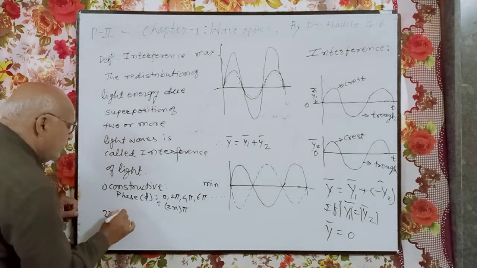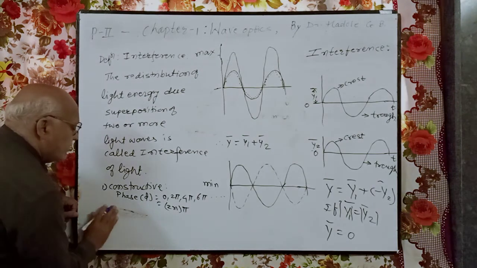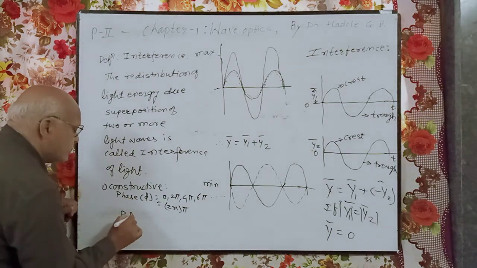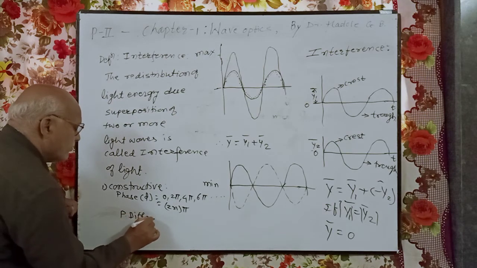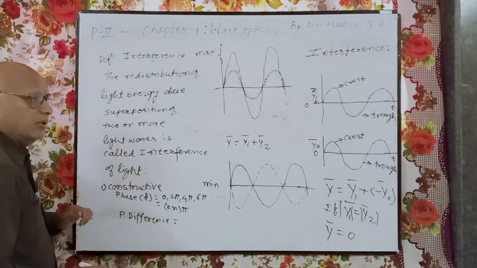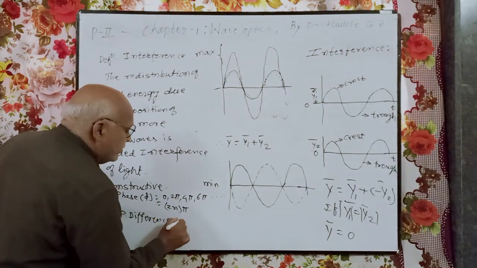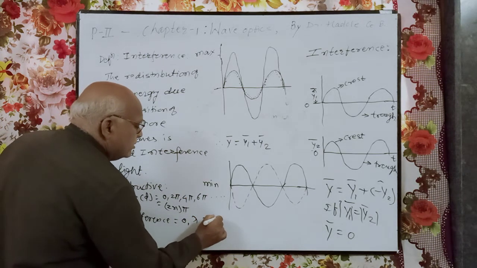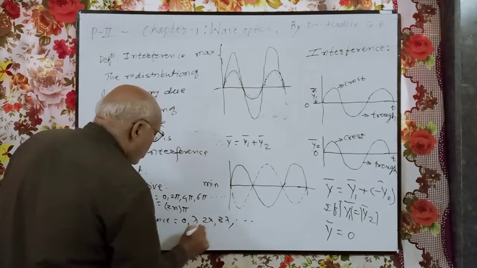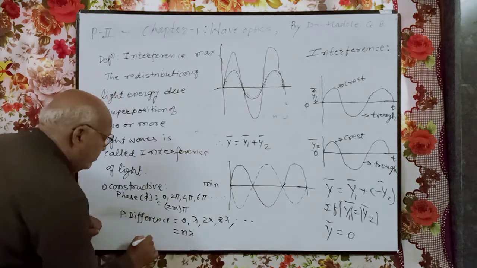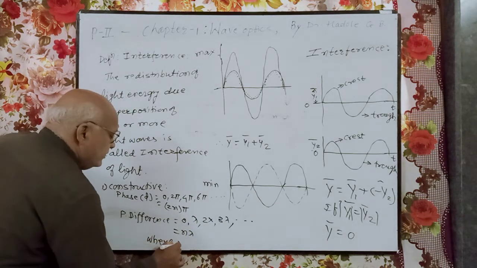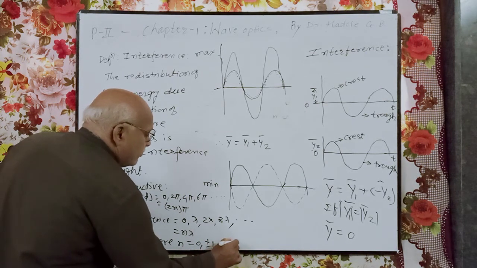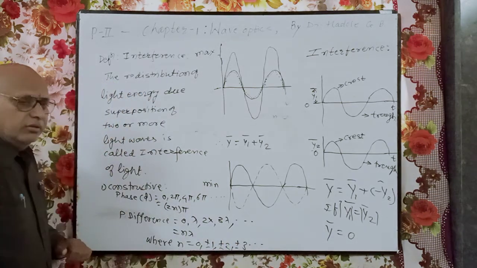Second, for the condition in terms of path difference: the path difference is equal to 0, lambda, 2 lambda, 3 lambda, and so on, that is equal to n lambda, where n equals 0, plus or minus 1, plus or minus 2, plus or minus 3, and so on.